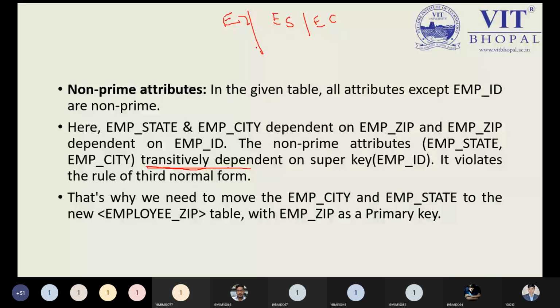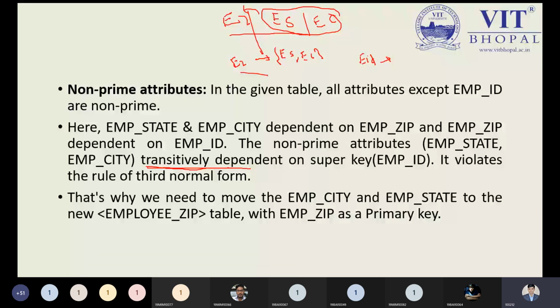I'm writing these two attributes which depend on this. Now employee zip depends on the employee ID. So the dependency is: employee state, employee city depend on the employee zip. This is one kind of dependency I'm writing. The second dependency says that employee ID determines employee zip.